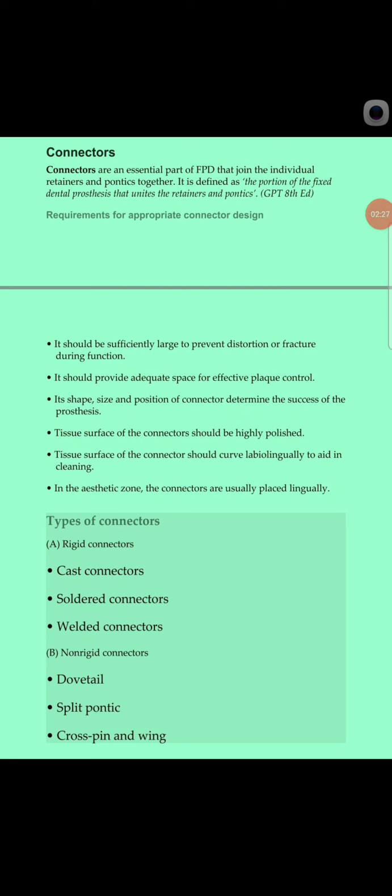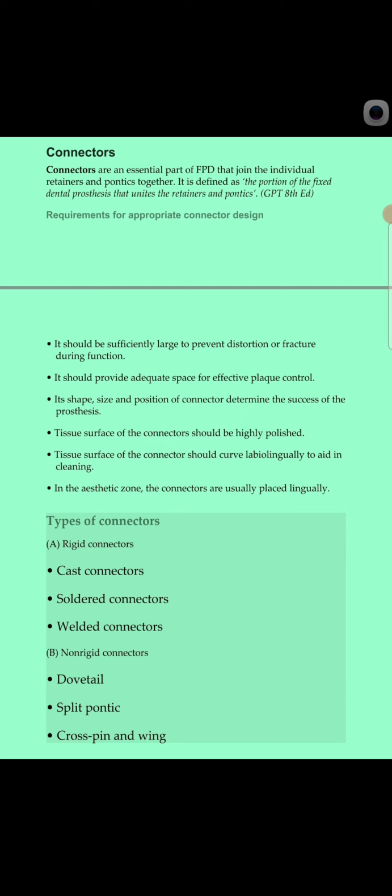Now come to the types of connectors. There are two types of connectors. One is rigid connectors and the second is non-rigid connectors. We give a rigid connector in a condition like a fixed partial denture, when there is no movement in the denture. And we give a non-rigid connector in cases where there is a pier abutment, and when we use a stress breaker, then we use non-rigid connectors.